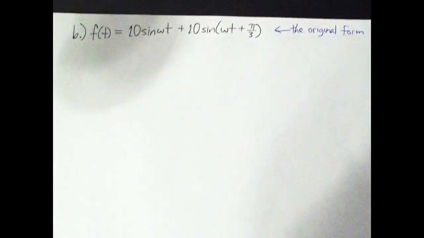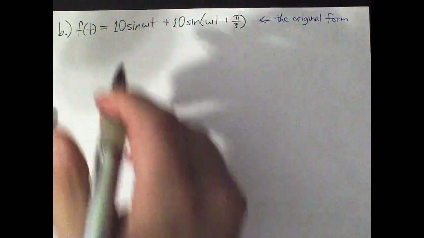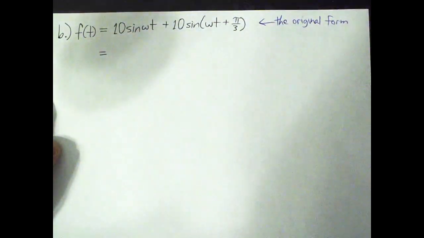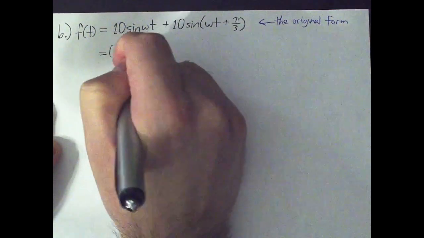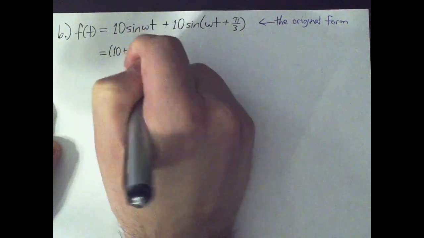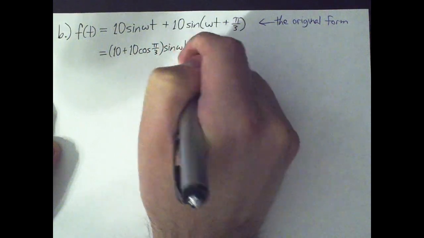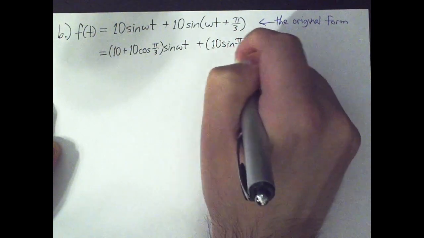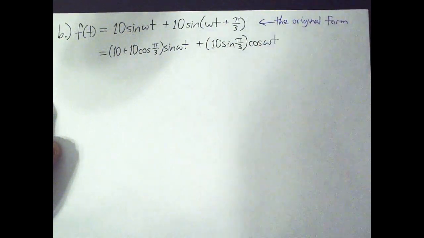Now, a cool trick that we can do here is use what we found in part A. We can say that this also equals, from the form that we found, if we put in what it gave us for c and alpha, 10 plus 10 cosine pi over 3 sine omega t plus 10 sine pi over 3 cosine omega t.